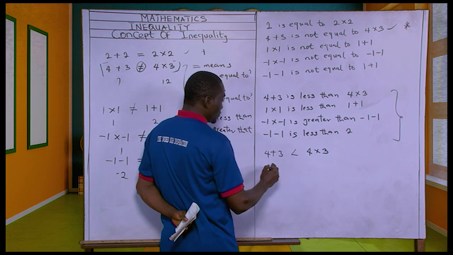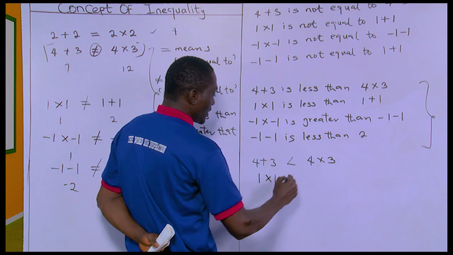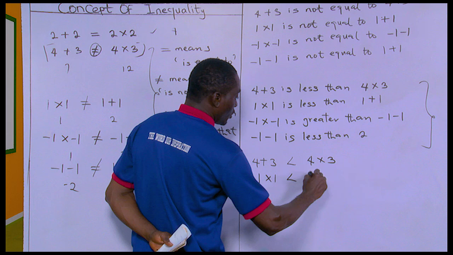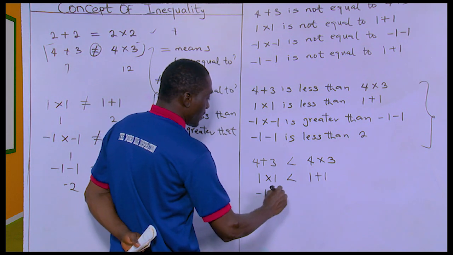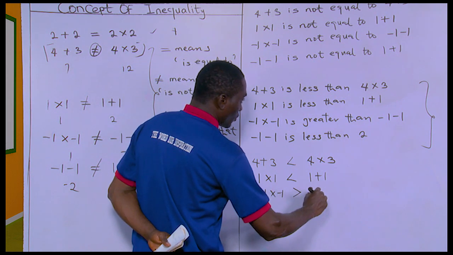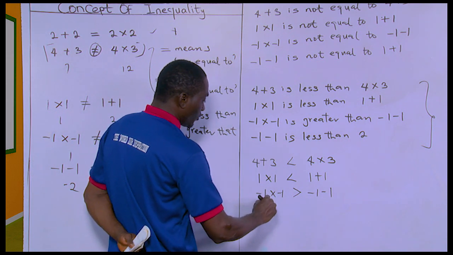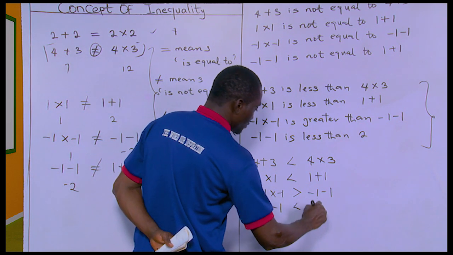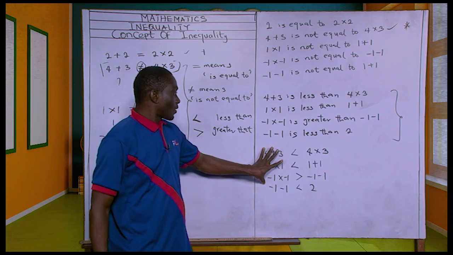Now, 1 multiplied by 1 is less than 1 plus 1. Minus 1 multiplied by minus 1 is greater than minus 1 minus 1. The last one would be minus 1 minus 1 is less than 2. Okay, so we now have this.